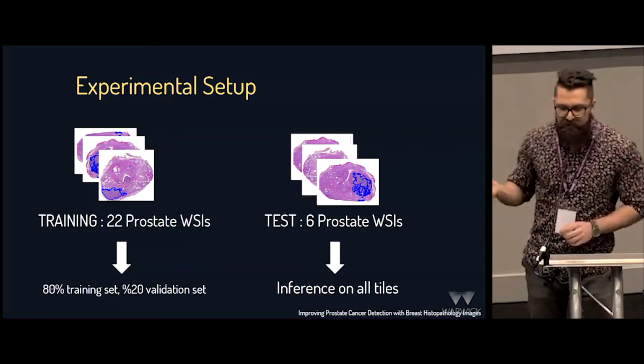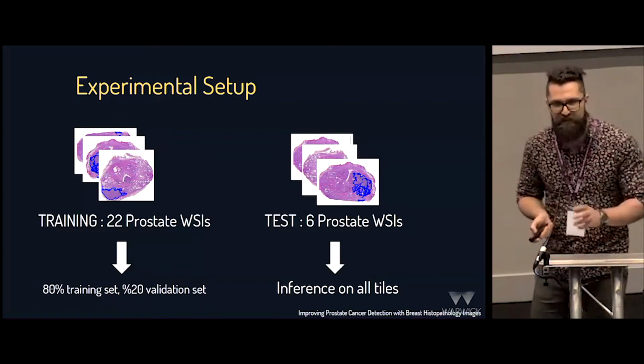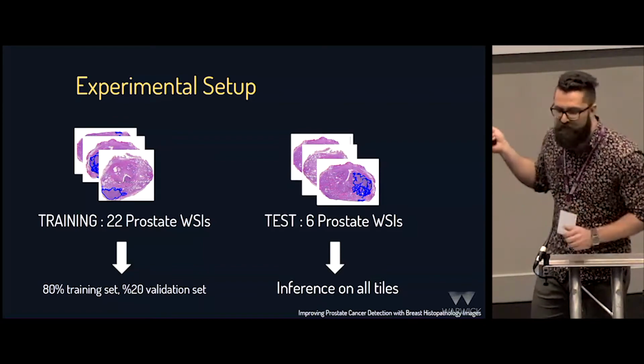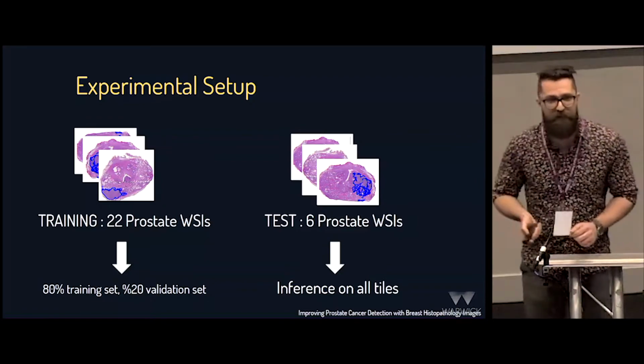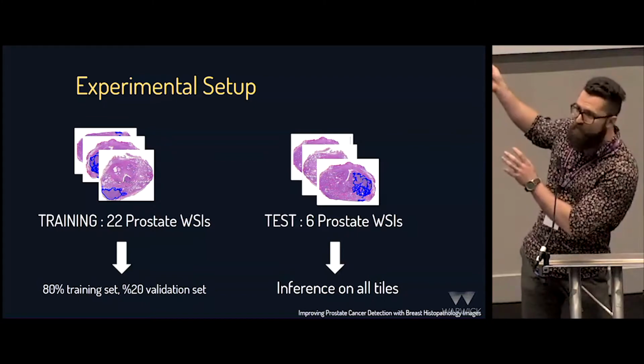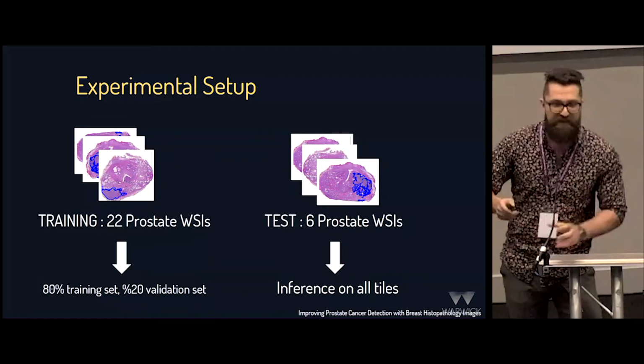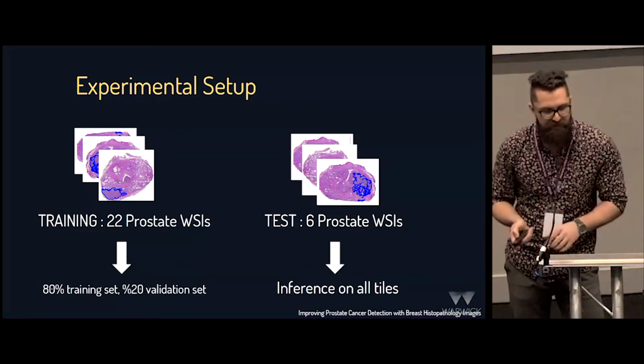So basically, the testing is tile by tile predictions of these 6 whole slide images out of the trained models. So our results, which I'll be showing soon, are based on millions of small tiles out of this 6 held out test set.